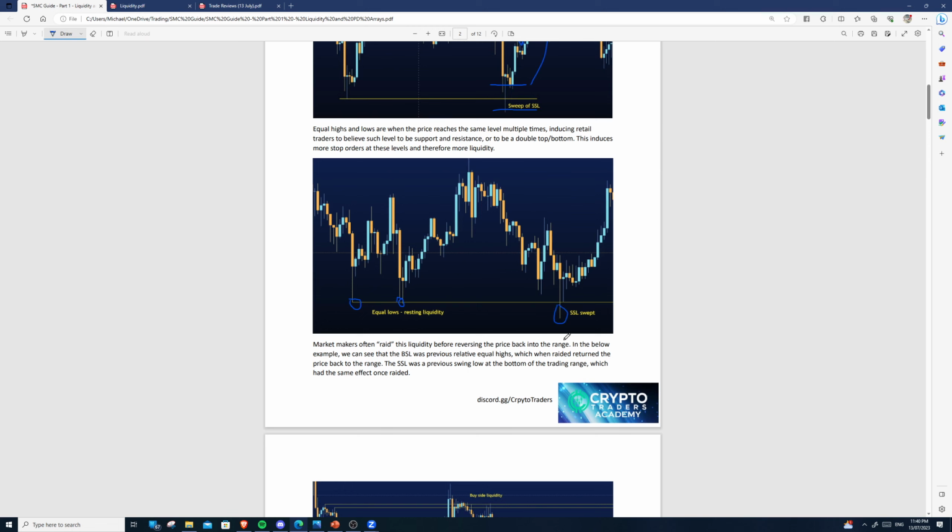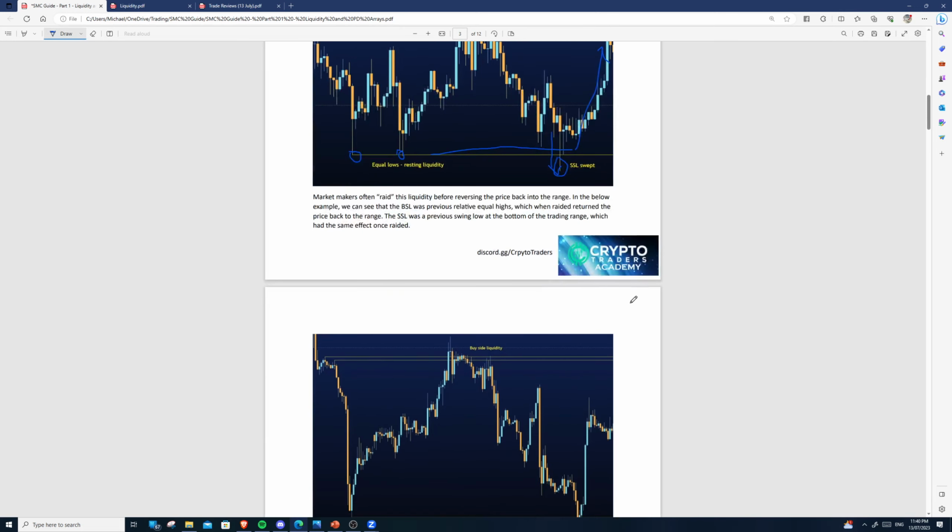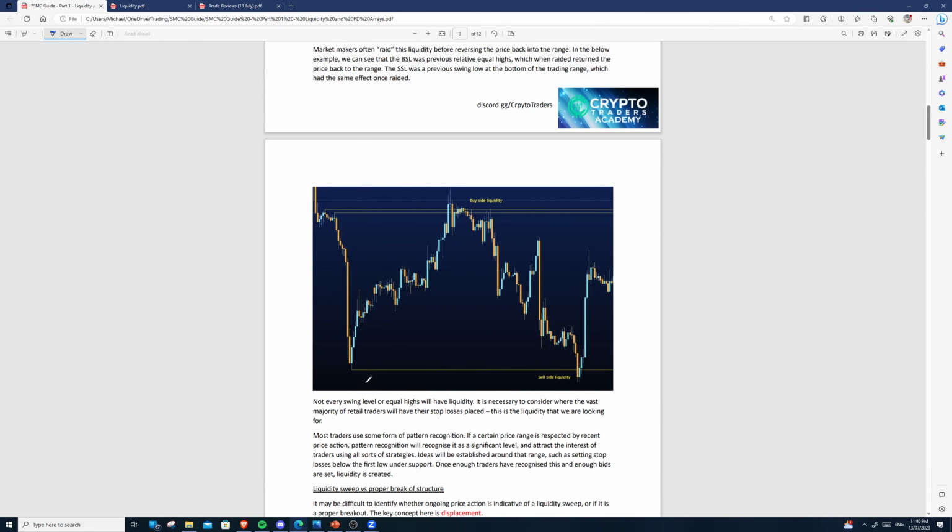And you can see here price rigged below these equal lows. So pretty much this is a support level, it rigs below, and then pushes price upwards.